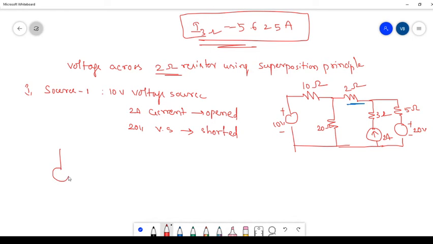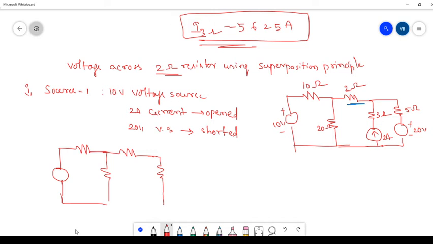So the network will become like this. This is the 10 volts voltage source that we are going to consider, and here is a resistor, one more resistor, and another resistor. The 2 amps current source will be opened. Is the 3 ohms connected? No, it is lying singly, so we are not considering it. And then the 5 ohms. The 20 volts source will be shorted, so that will be connected like this.